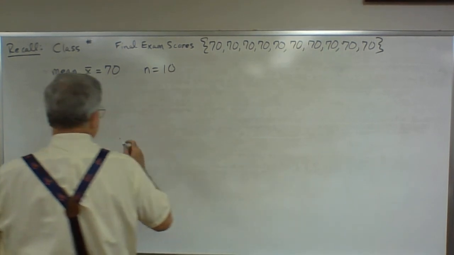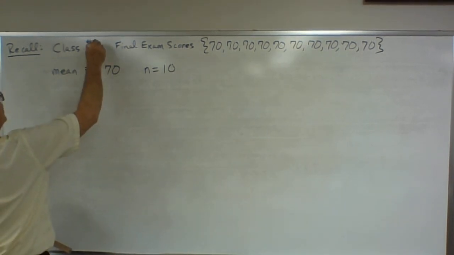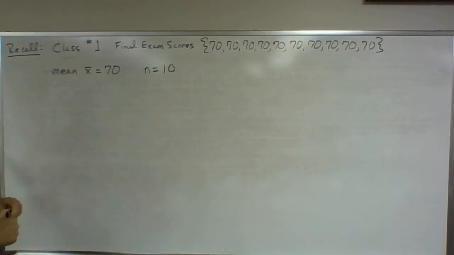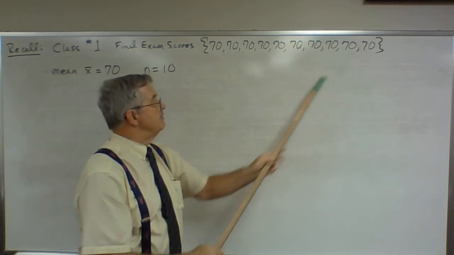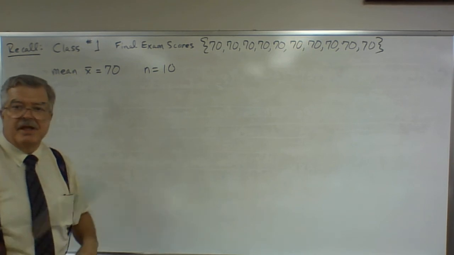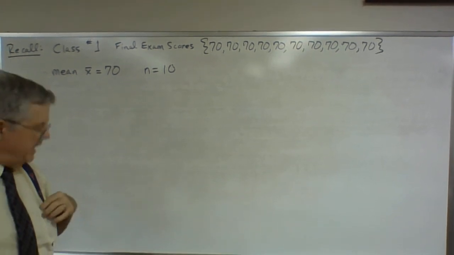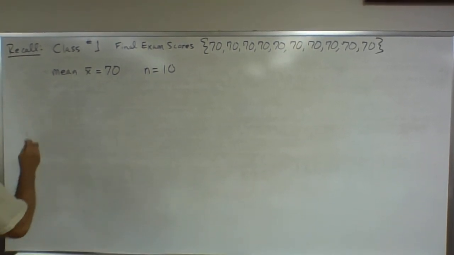Class number 1, final exam scores, everybody got a 70, and they were 10 of them. Now let's compute the standard deviation.